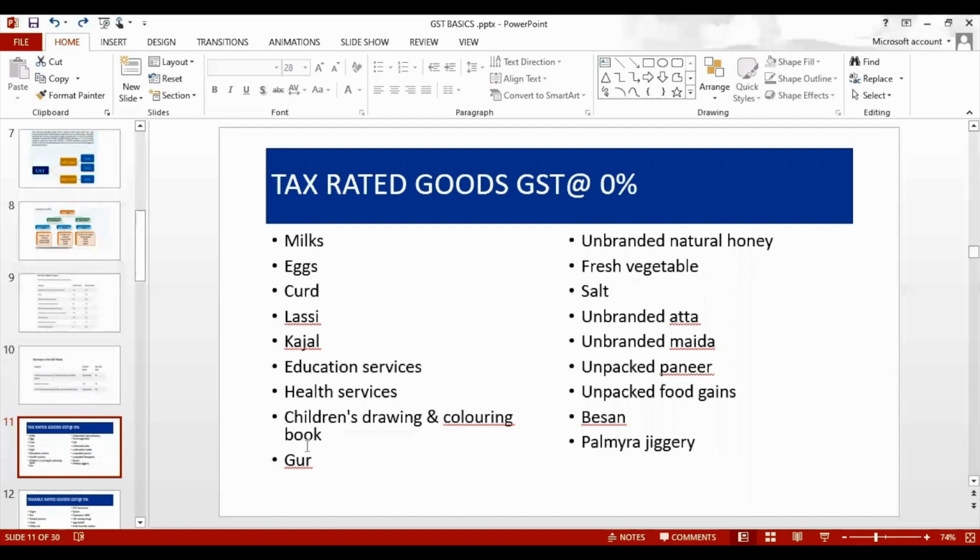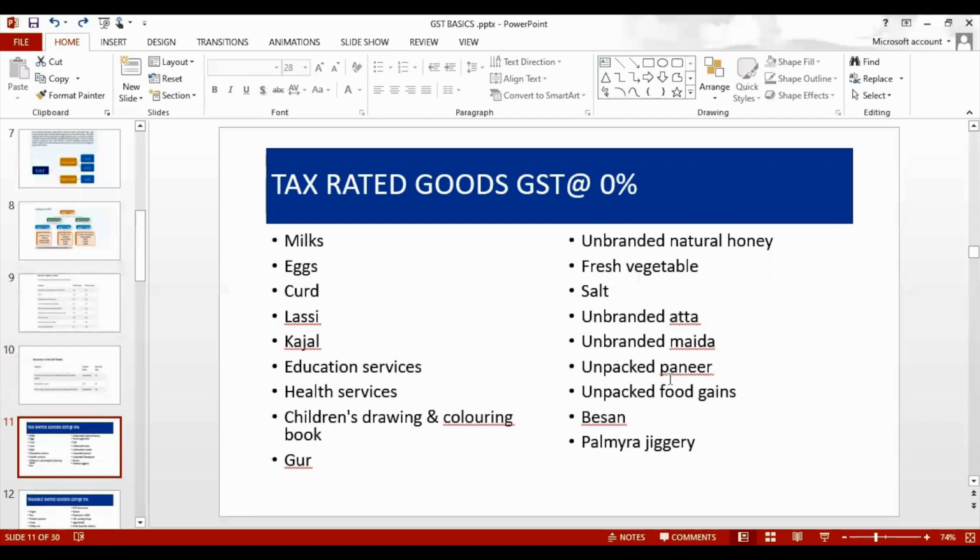That's why the government does not take any taxes from the customer. For example, natural milk, egg, curd, lassi. I'm listing out some stocks. They are under zero taxable rates in the GST concept.